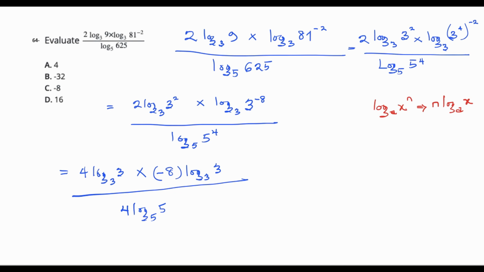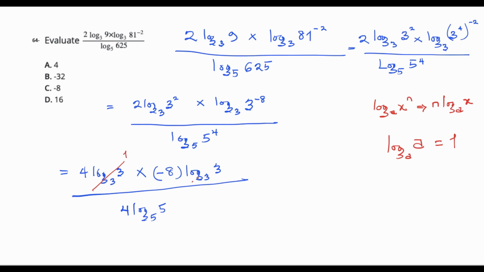Now the next law of logarithm we need to know is that when we have log to the base a of a, when the base and the number whose logarithm we're finding are the same, this is the same as 1. So log to the base a of a is equal to 1. If we apply that here, log to the base 3 of 3 simplifies to 1.